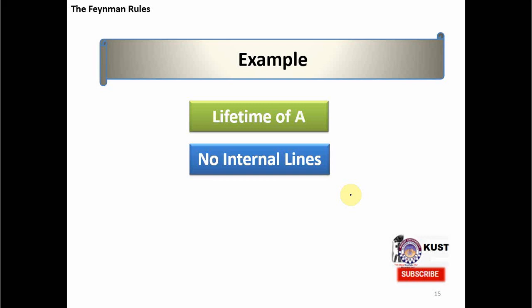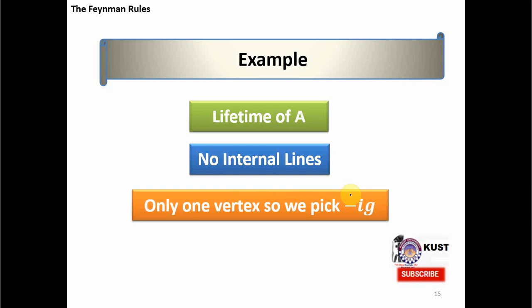There we see that no internal lines are involved, because internal lines enter in the higher order diagrams. No loops are there, so no internal line, just to keep it simple. Otherwise we also have to calculate these loop diagrams, but their contributions are small enough that we can neglect them. Then only one vertex was there, if you remember. So this was like this diagram, and since there was only one vertex, we have the contribution minus i g for this. So we will pick the factor of minus i g.